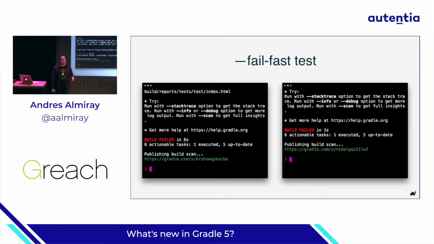Now, this is great for integration test cases that take too long. So you don't want all the integration test cases or the functional test case suite to finish to figure out, I had a test that is broken and everything else was fine. And maybe the test that was broken was the last one to be executed or somewhere in between. With the fail fast, as soon as there is a problem, it stops.